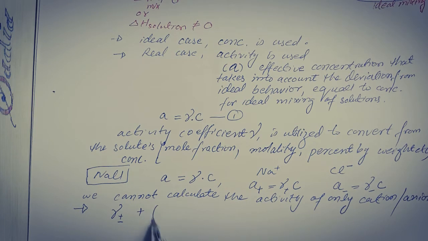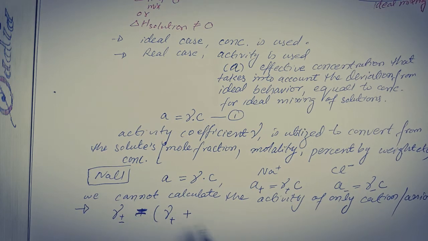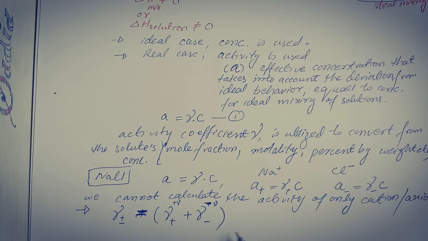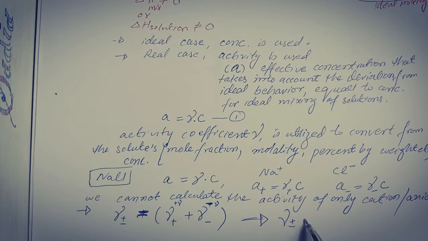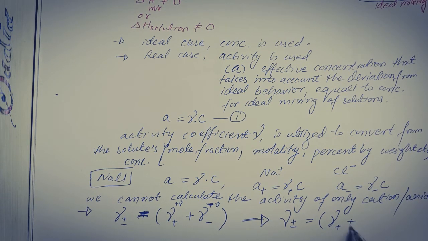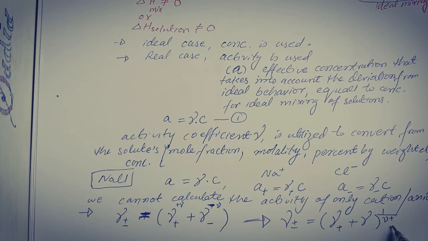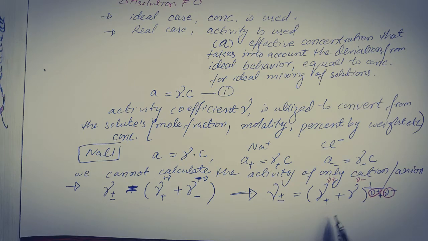The actual measured value is a combination of the activity coefficients of the negative and positive species with respective molar ratios. So that's actually written in a way that the activity coefficient of the electrolyte is calculated as the combination of the molar charges on the cationic and anionic species.